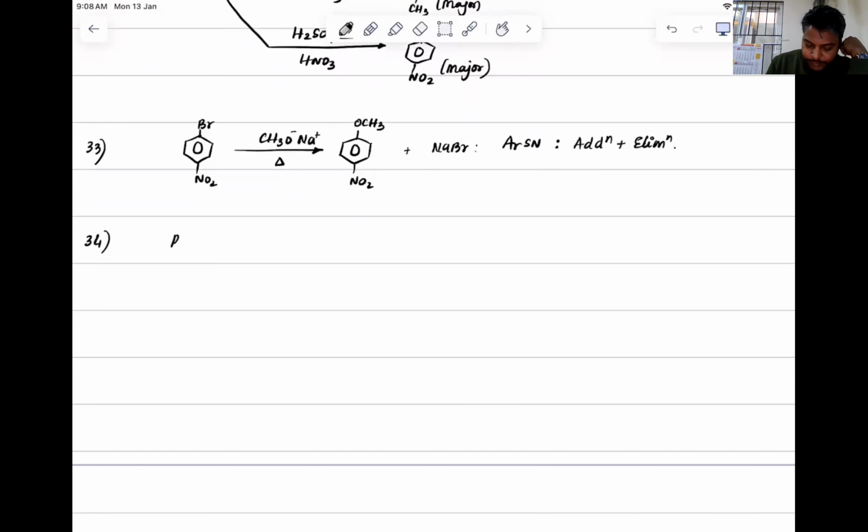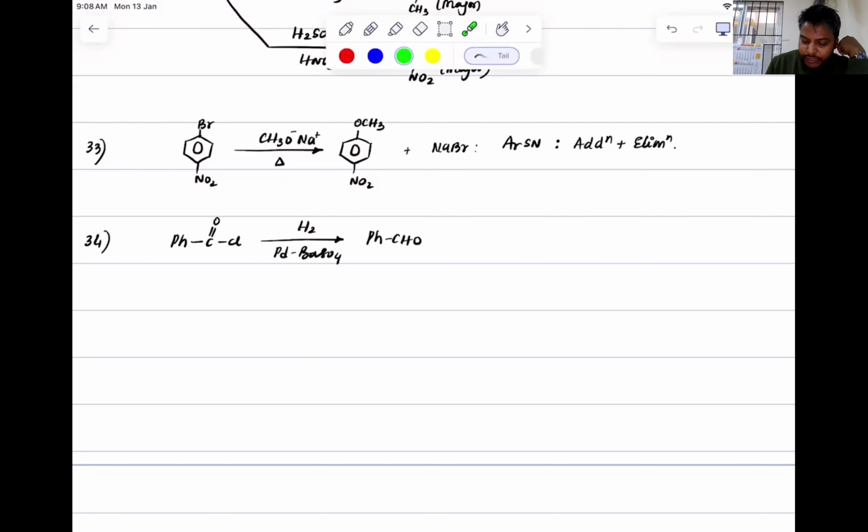34. PhC double bond O Cl in the presence of H2, palladium, barium sulfate. Now this will become PhCHO. Acha, is it only for Ph? Not necessary. Any R is also there, the reaction is the same.